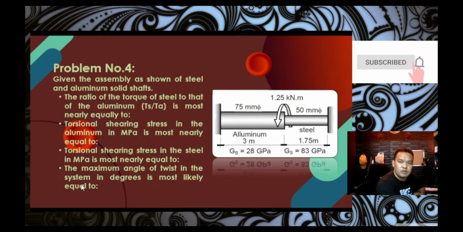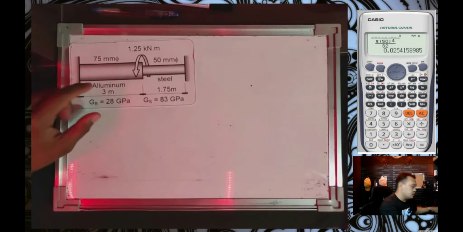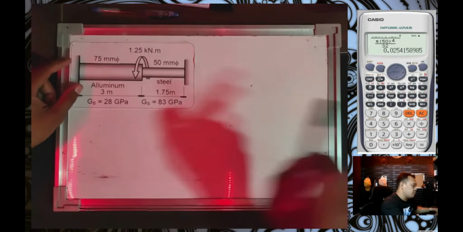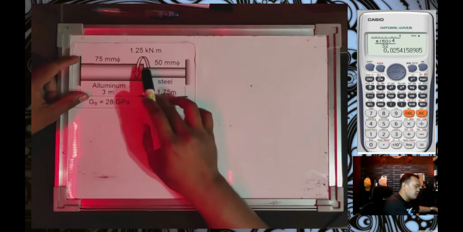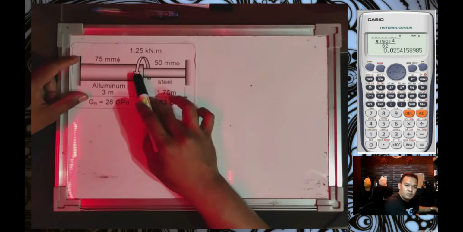Then for the fourth question, the maximum angle of twist in the system in degrees is most likely equal to. So meron tayong solid shaft na composed of aluminum and steel at magkakaroon ka ng torque which is 1.25 kilonewton meter.